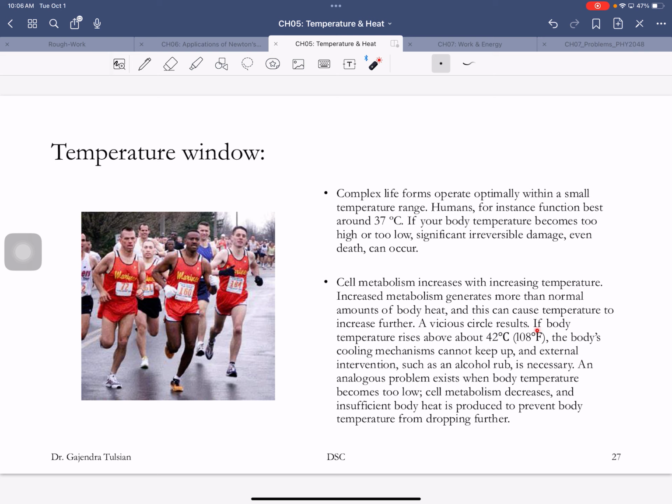If the body temperature rises above 42 degrees Celsius, that's 5 degrees above normal, roughly 15% above your normal temperature, the body's cooling mechanism cannot keep up, and external intervention is needed. We'll see how to solve that problem.